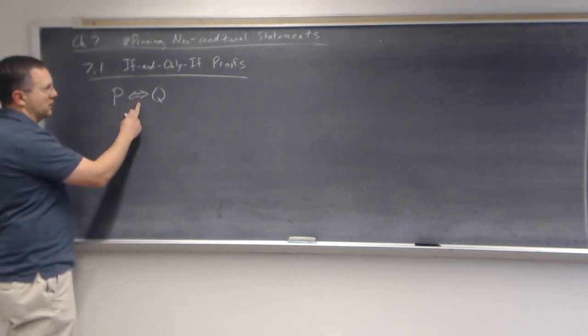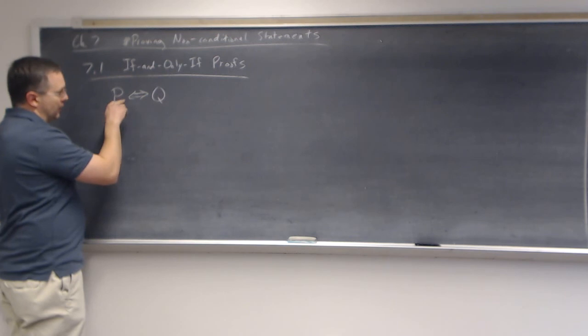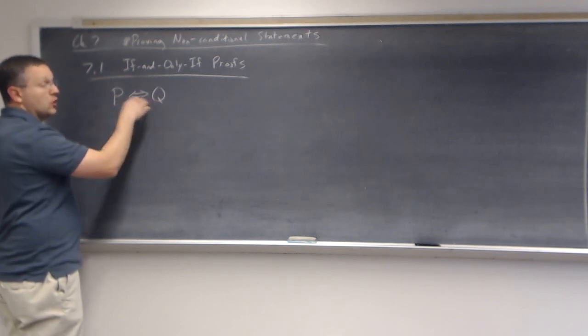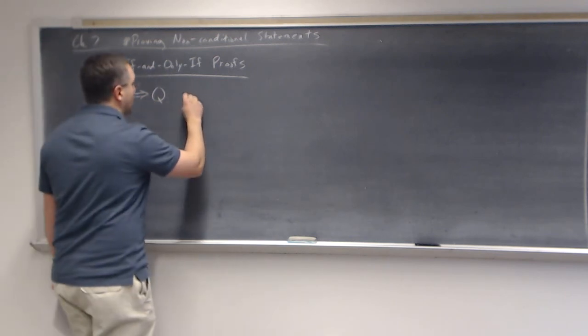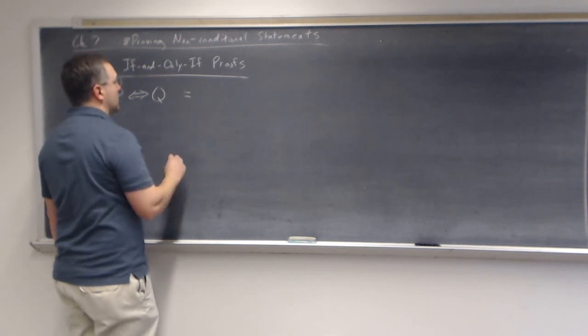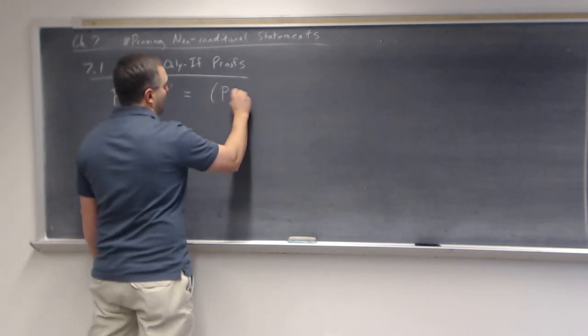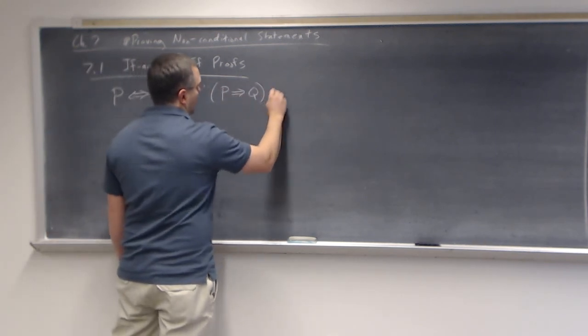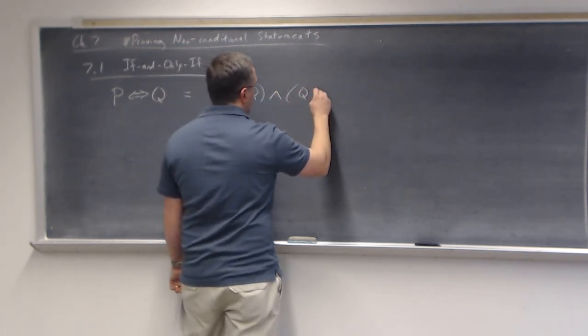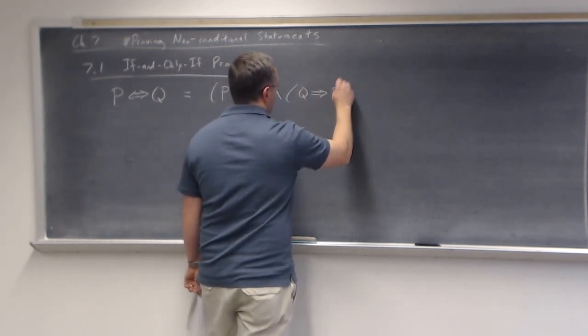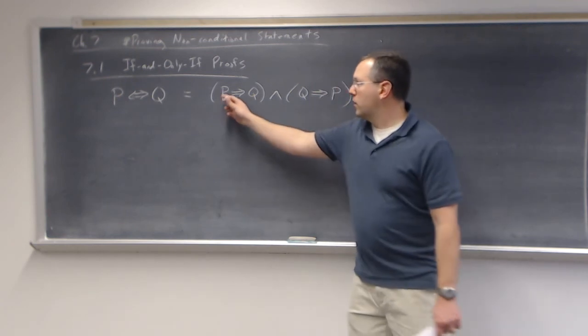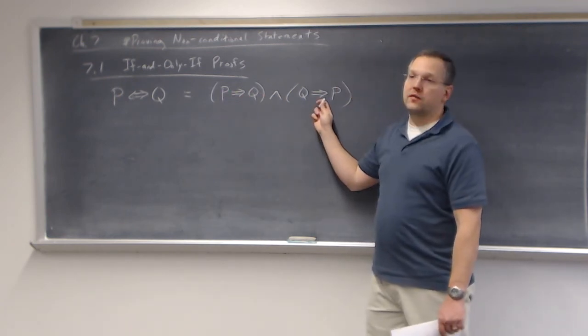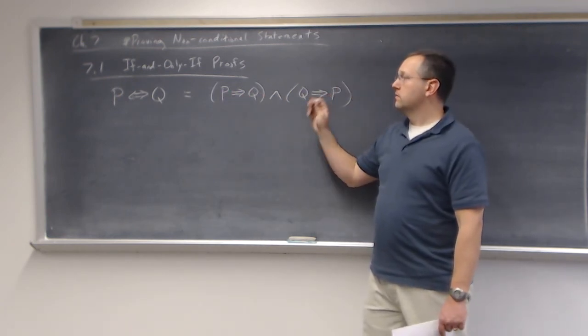It has two implications. So we showed that this is logically equivalent to P implies Q and Q implies P. You have the forward implication, P implies Q, and then the converse, Q implies P.